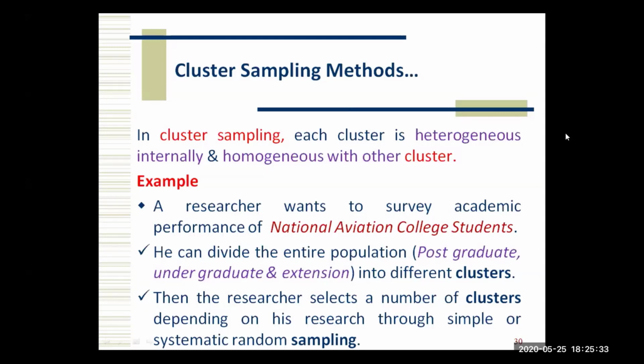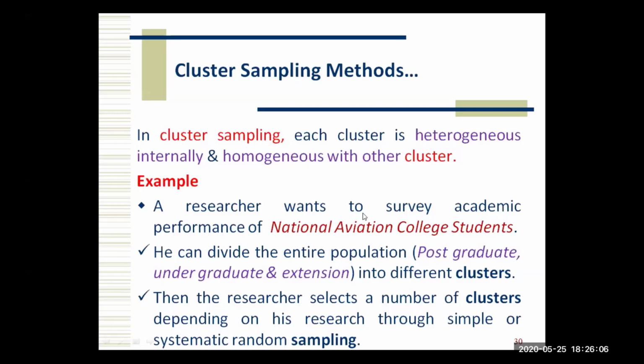Cluster 3 is extension students. Typically, students in these different programs have similarities internally, but all the postgraduate, undergraduate and extension students of National Aviation College are similar as students, though there are differences internally.